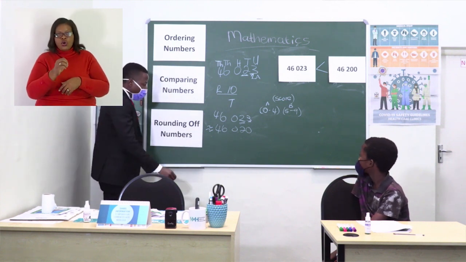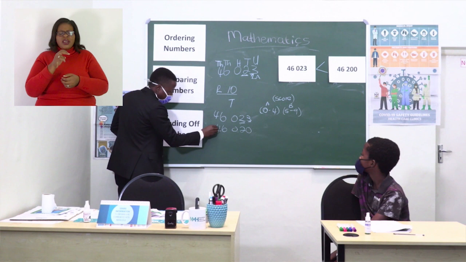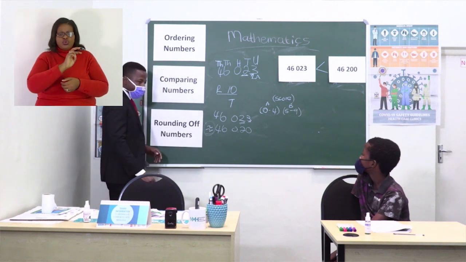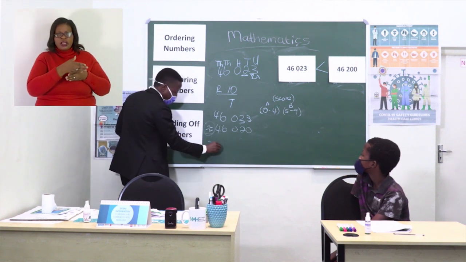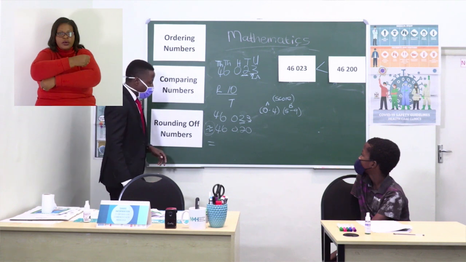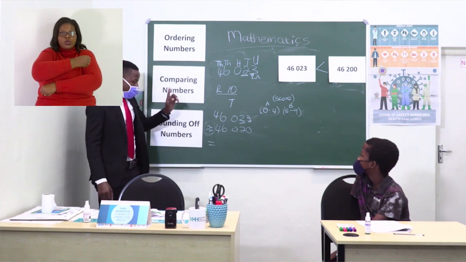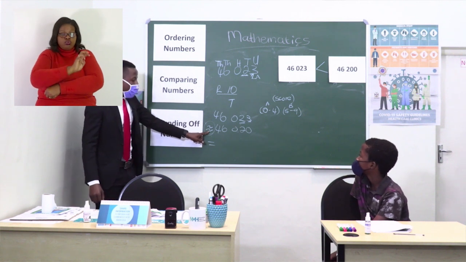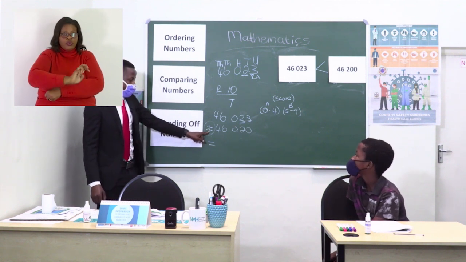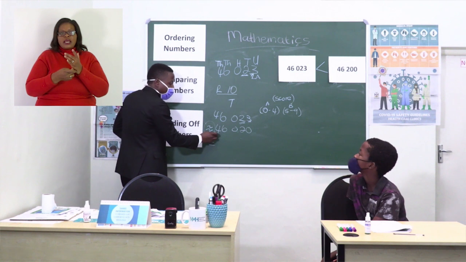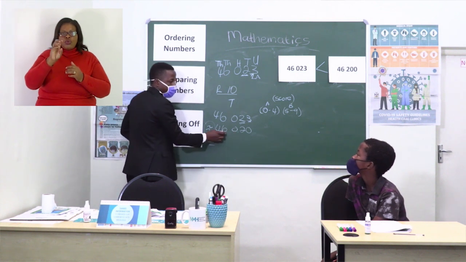Now, if you look at this sign which I just put here, it's not an equal sign. Remember about the equal sign. This is called approximation. This is not an actual answer.